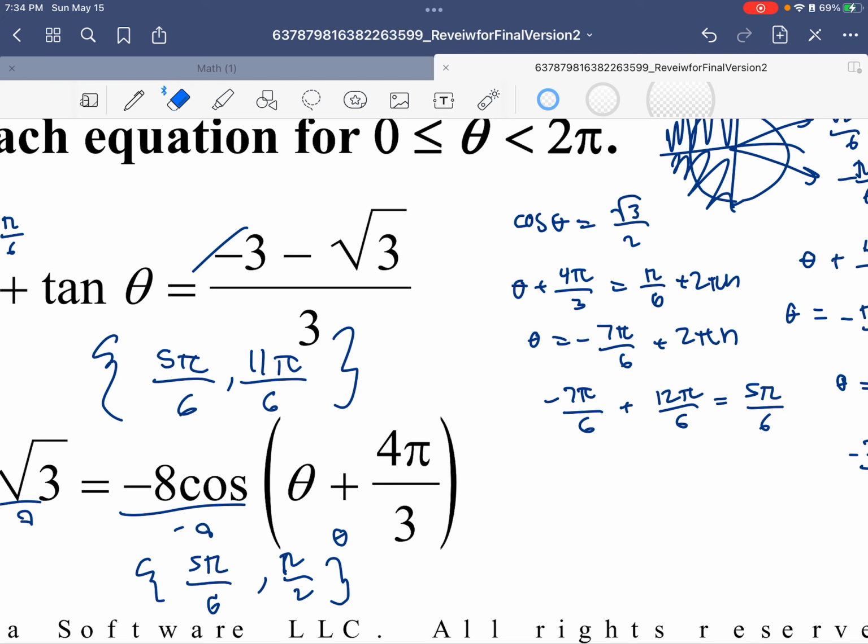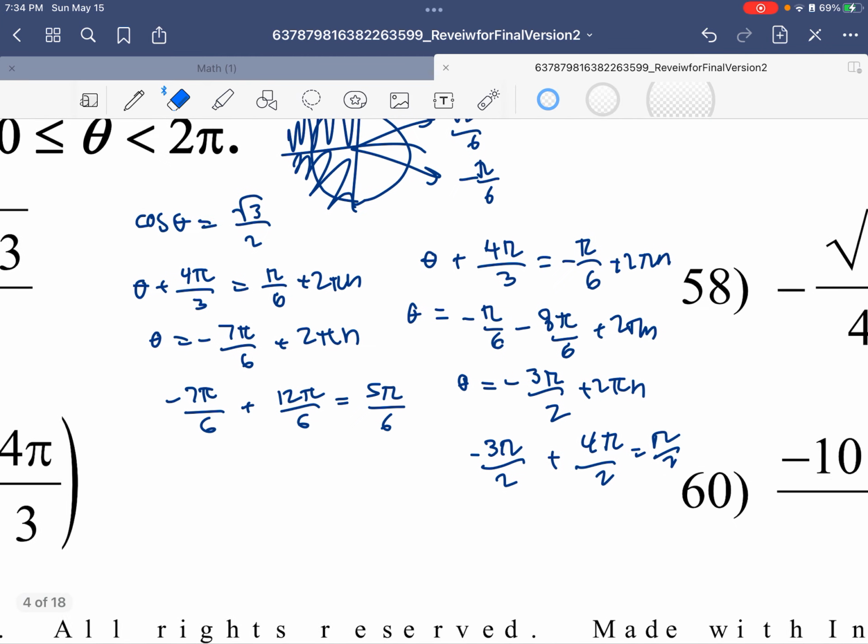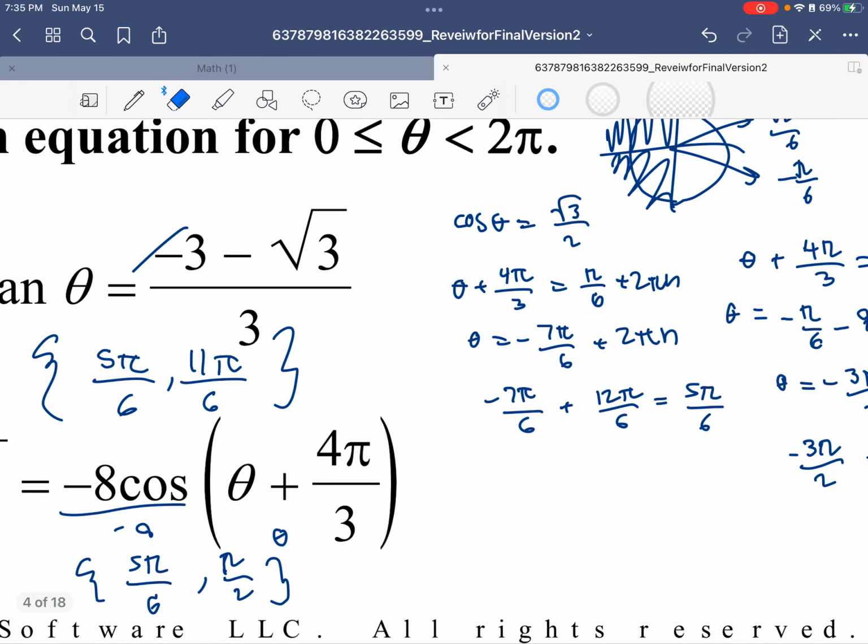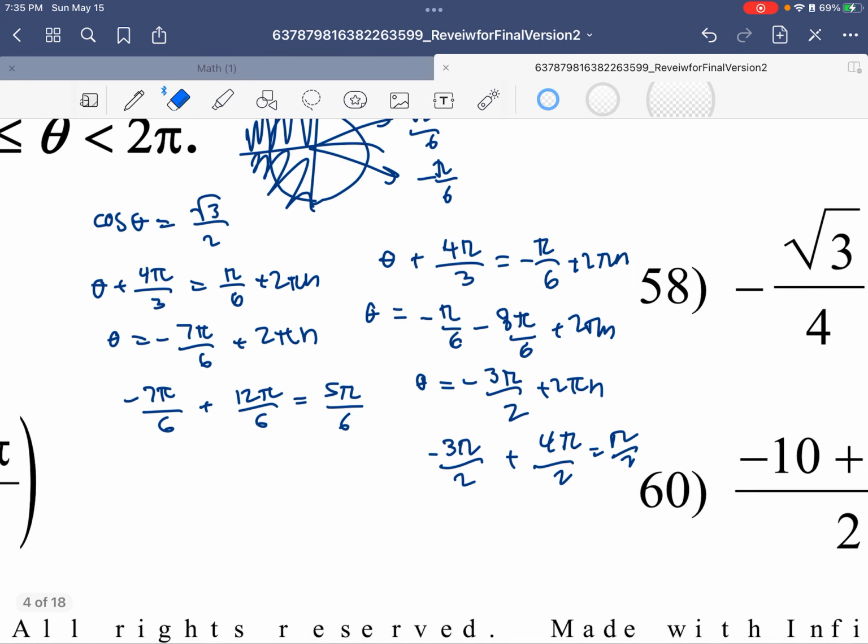Oh wait, hold on. Yeah, 7 pi over 6 would not be in your domain. You can continue testing, but your answer would fall outside of the domain. So yeah, these are the only two answers that we have in this case.